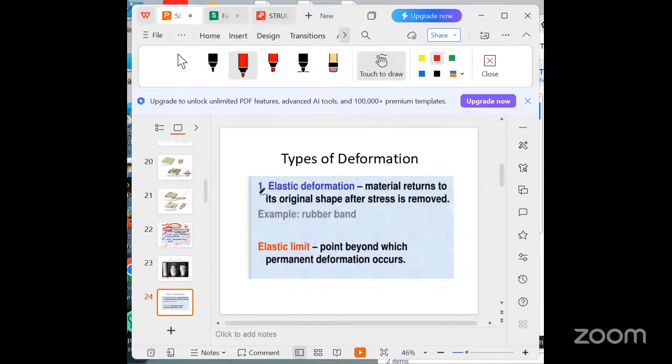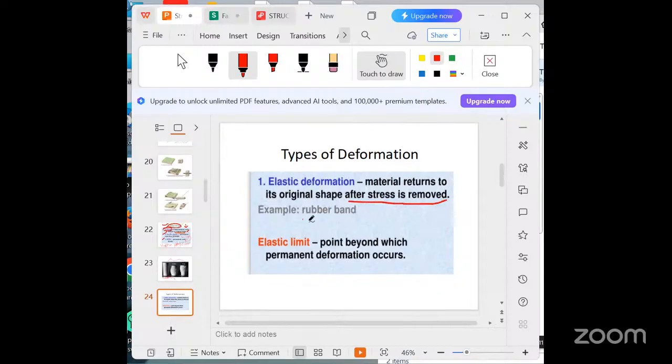Elastic deformation means the material returns to its original shape after stress is removed. An example is a rubber band, right? This is an important, easy example. The elastic limit is the point beyond which permanent deformation occurs.